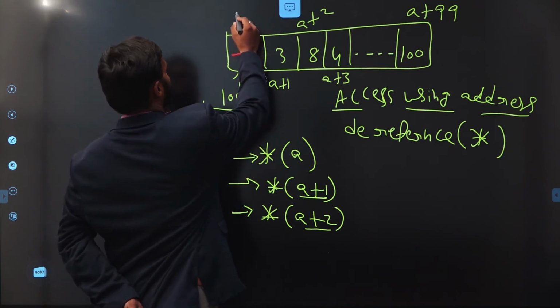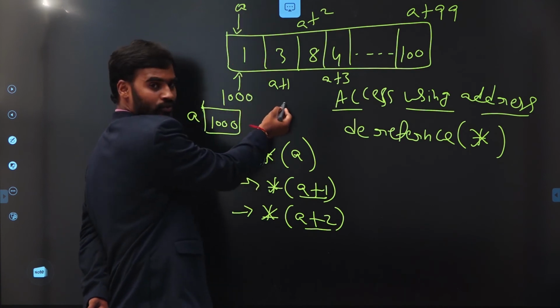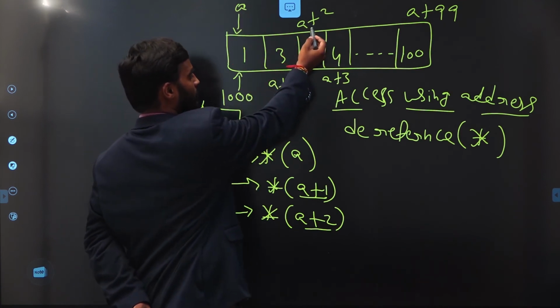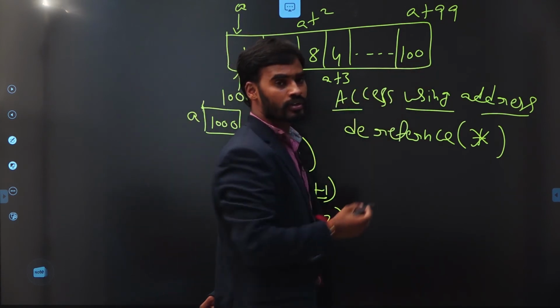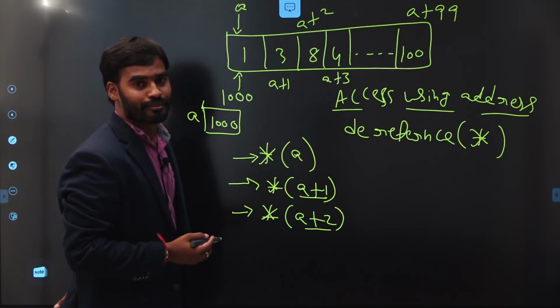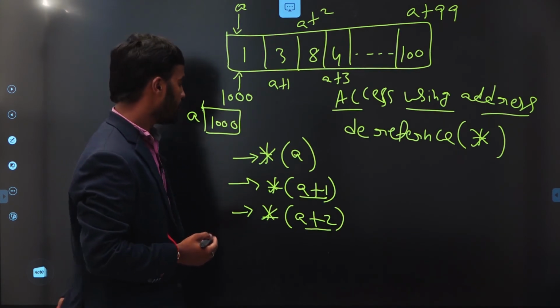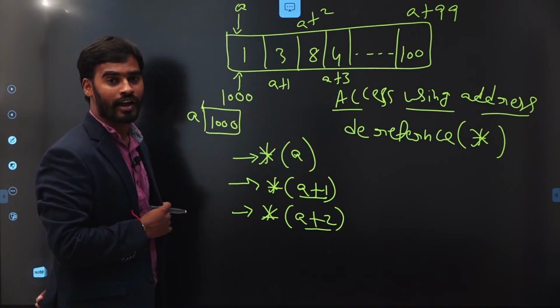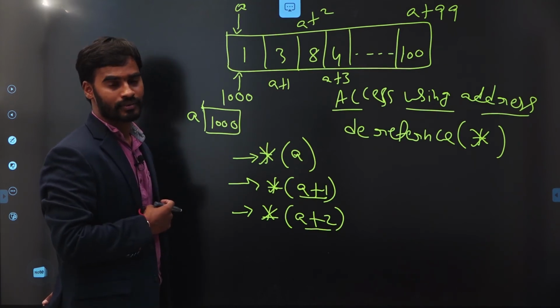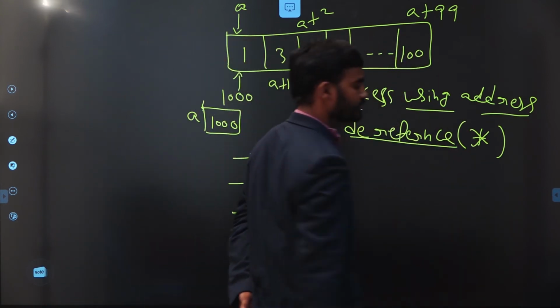The first block is A, the second block is A plus 1, the address of the third block is A plus 2, the address of the fourth block is A plus 3, and so on. The address of the 100th block is A plus 99. So if you know the address of the blocks, then you can access the value in that address by using an operator called the dereferencing operator.